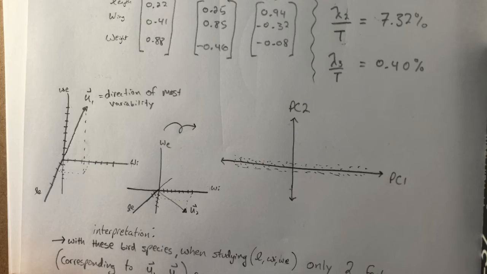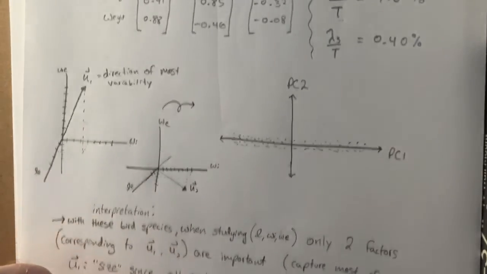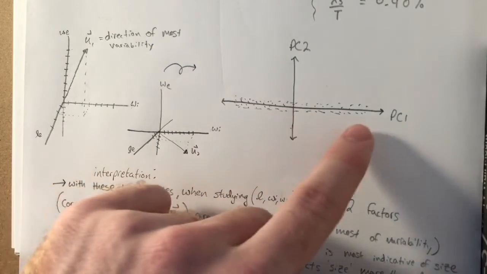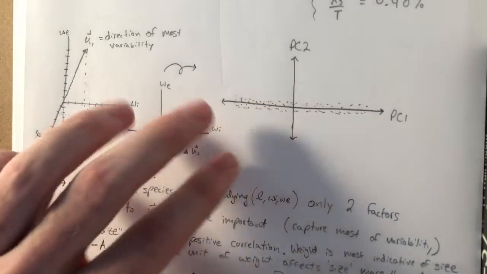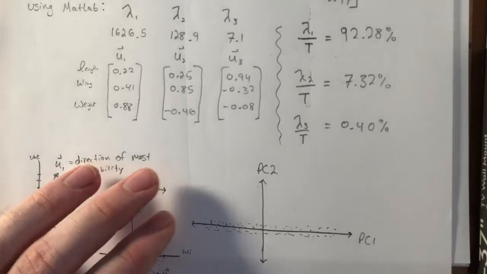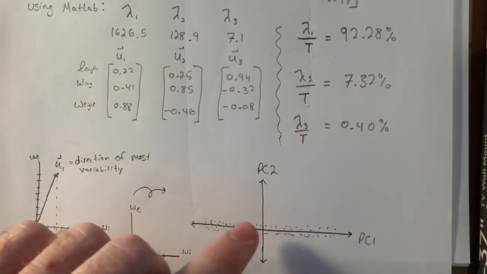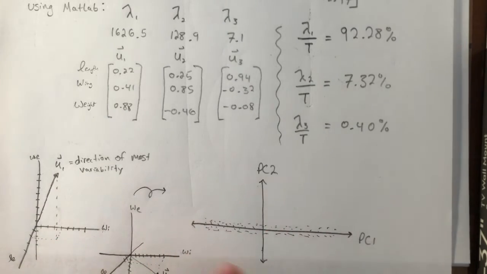So an interpretation of this, after we transform all of our data into this 2-dimensional plane, is that we're keeping 92 plus 7, basically 99.5% of the total variability in this data represented in this 2-dimensional graph. So we can totally get rid of one dimension, which makes visualizing this much easier.